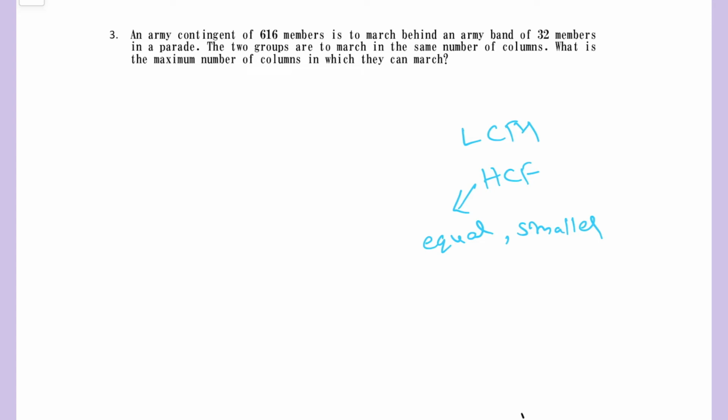If you do LCM, the number is equal to one of the given numbers, or else it should be bigger than both the numbers. Now forget about the equal case in both. Just remember that if you do HCF, you are going to get a smaller number. If you do LCM, you are going to get a bigger number than what is given in the question itself.